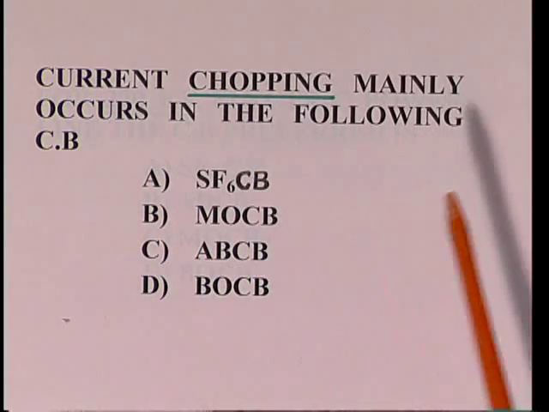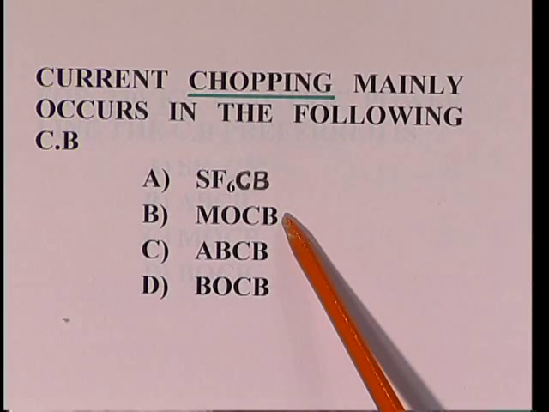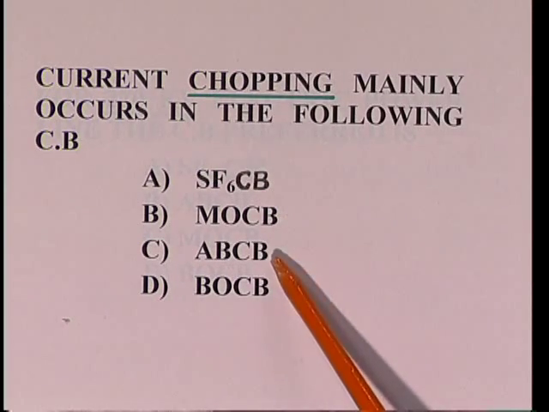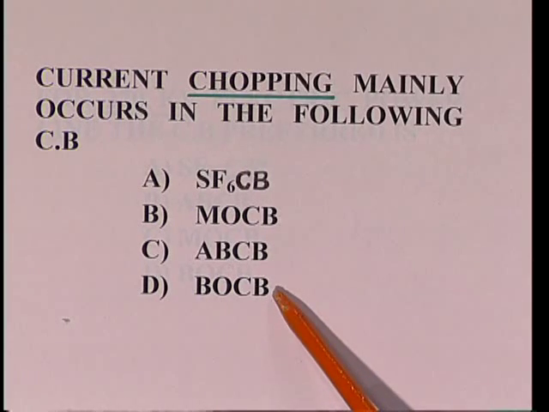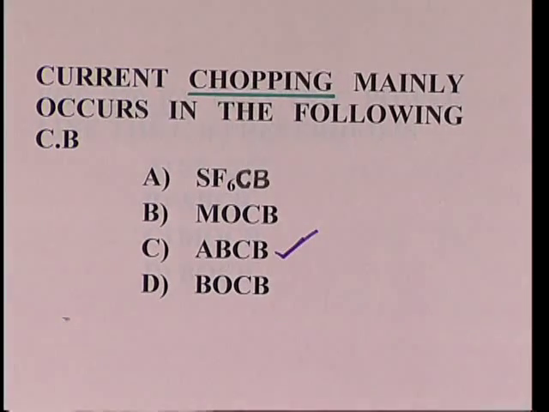CB is circuit breaker. A, SF6 circuit breaker. B, MOCB, minimum oil circuit breaker. C, ABCB, air blast circuit breaker. D, BOCB, bulk oil circuit breaker. And here the correct answer is ABCB, air blast circuit breaker.